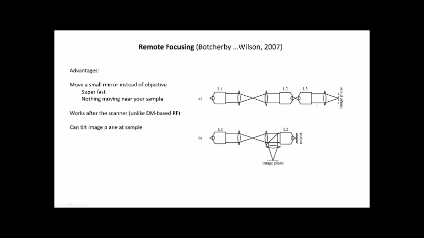So let's say you've created a focus, a part of your image, by relaying it using L1 and L2 to this point here. If you move the objective L3, along with the entire system behind it, a little bit, you're going to see that point that you created move out of focus on your camera plane. So that seems pretty obvious.